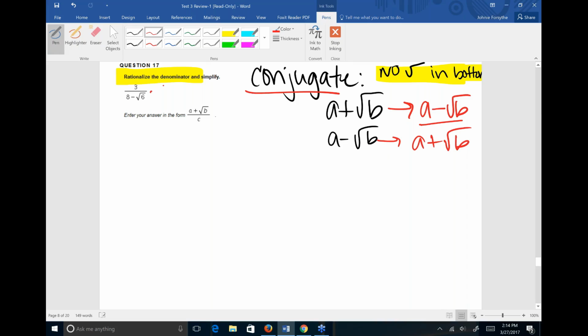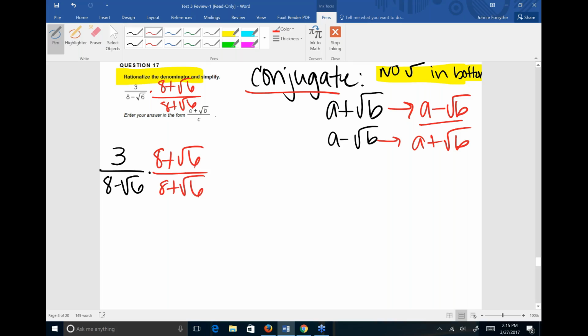So here we're going to multiply the top and bottom by 8 plus square root of 6. So I have 3 over 8 minus square root of 6 times 8 plus square root of 6 over 8 plus square root of 6. That's going to be 3 times 8 plus the square root of 6.